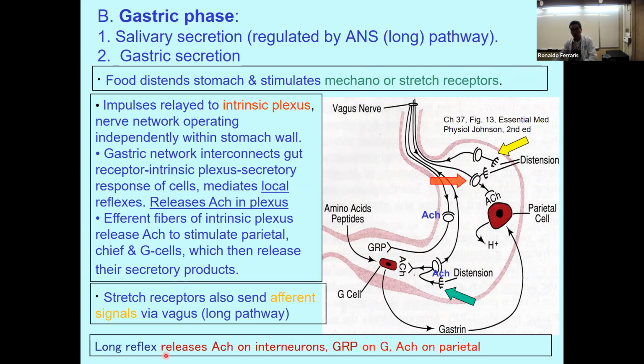So here, the long reflex releases ACH on the interneurons, but then GRP on G cells, and the long reflex releases ACH on the parietal cells and on the other cell types.